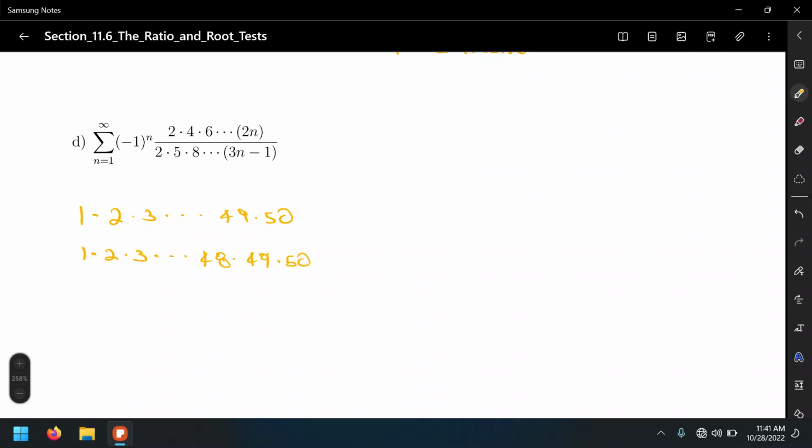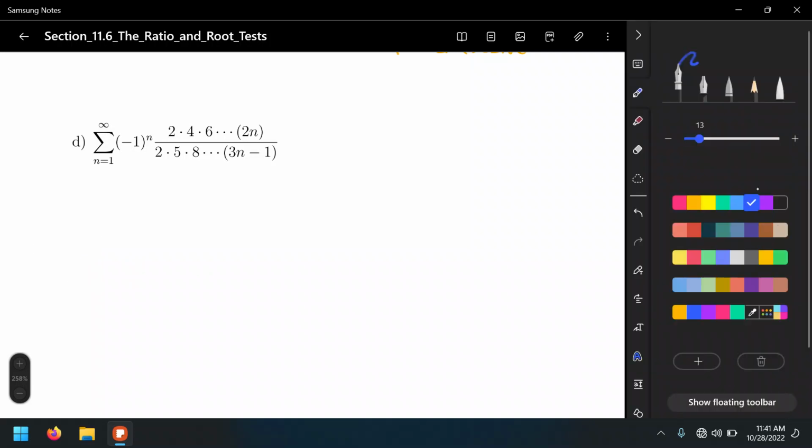Maybe I need the 47 to show up as well. These three expressions are equivalent, right? We need this idea to understand how we are going to deal with this sequential product right here. So, okay, let's set up the limit.